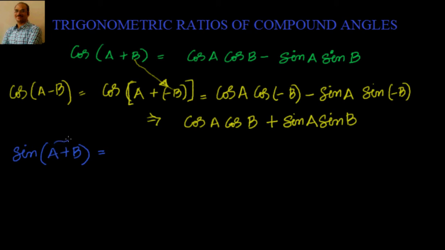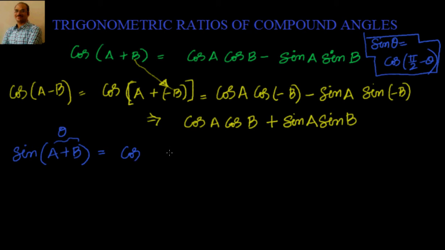Okay. Now let us see what I can write. Let us say this is nothing but equal to theta, suppose this is in the form of sin theta. Now we know that sin theta is nothing but equal to cos of pi by 2 minus theta. So I can write sin of a plus b as cos of pi by 2 minus of a plus b.